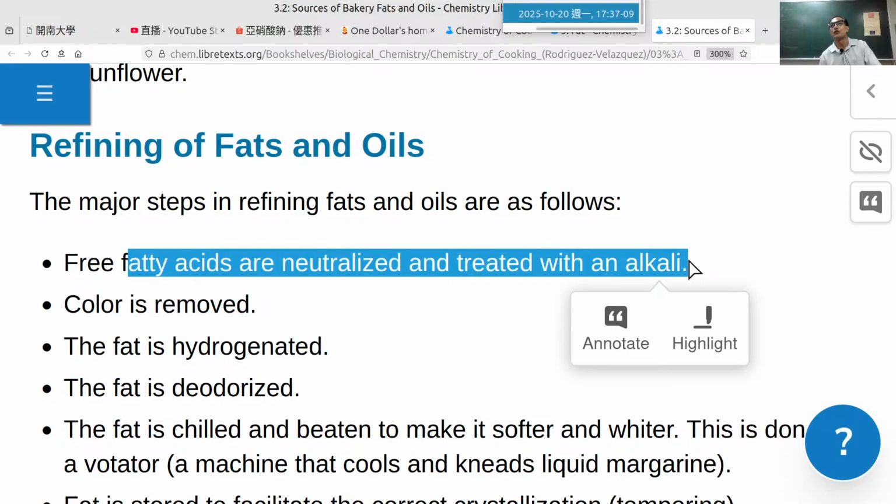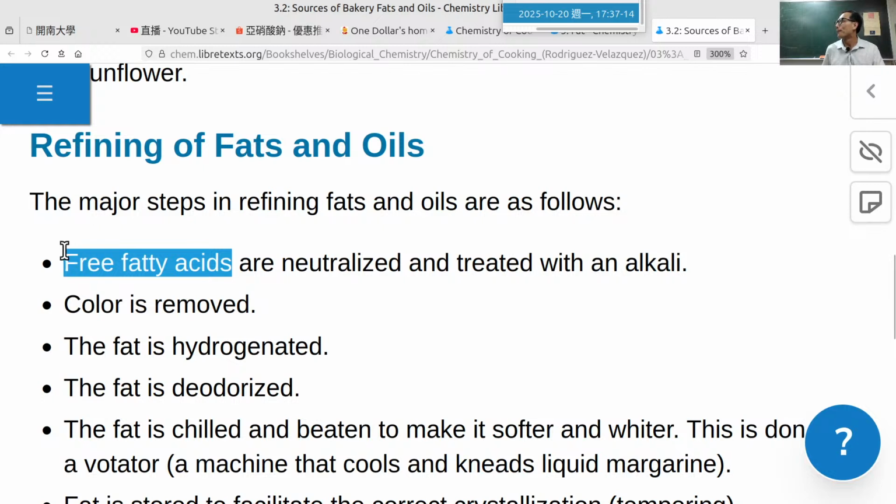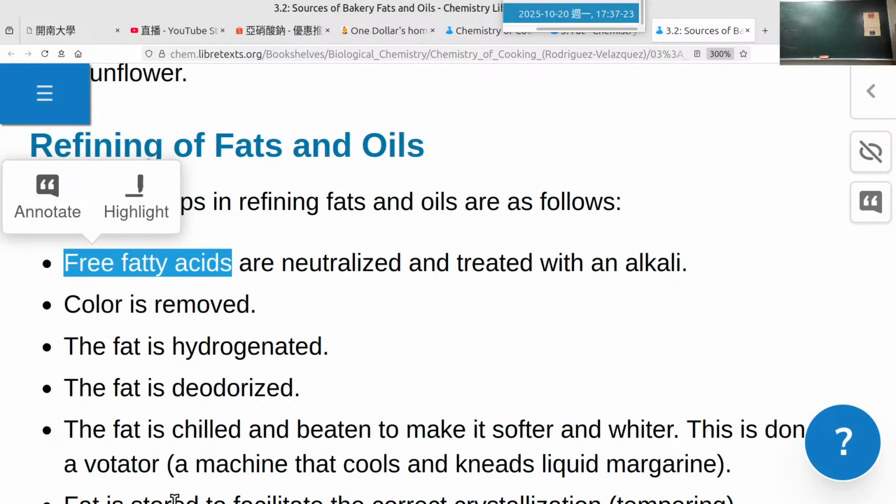Generally, you use NaOH, sodium hydroxide, to remove the water-soluble free fatty acid. Why? For example, the snacks for today we made with sunflower oil.